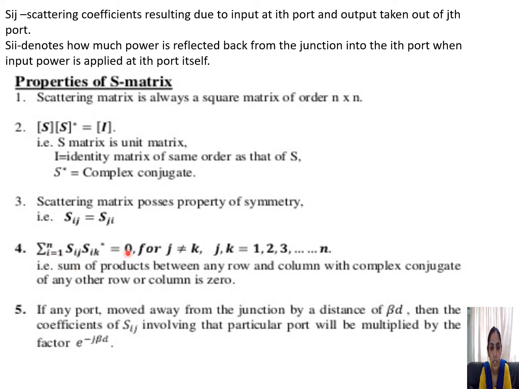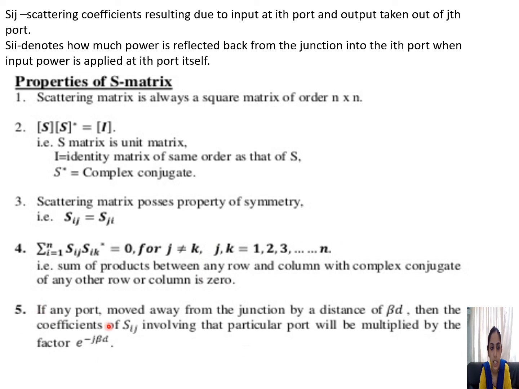Its mathematical representation is sigma i varying from 1 to n, Sij into Sik star is equal to 0 for j not equal to k. j and k can be integers varying from 1 to n. So this indicates that if we take the sum of products between a row or column with the complex conjugate of another row or column, it will be 0. That is the fourth property.